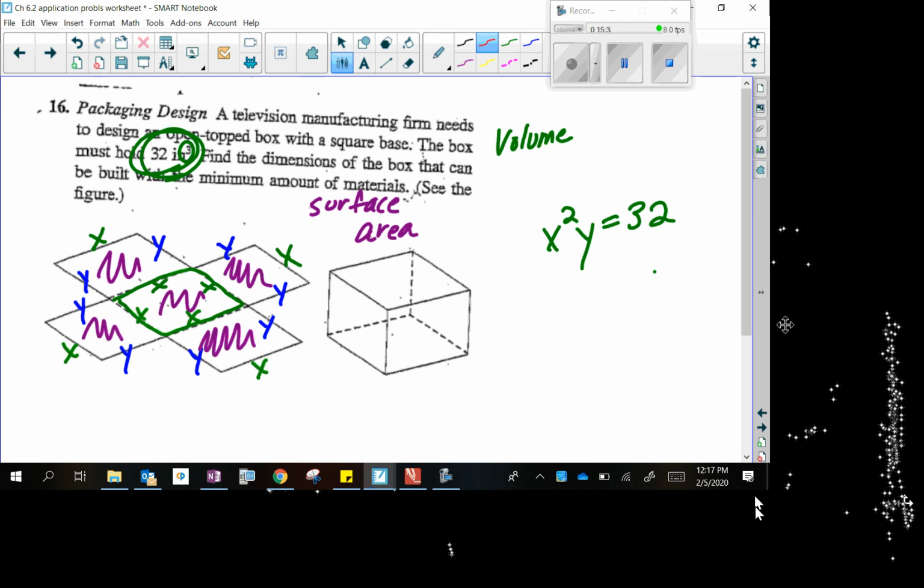What's the area of the base? X squared. Does everybody see that? So the area of this would be x squared, but the area of these, what's that? It'll be xy.